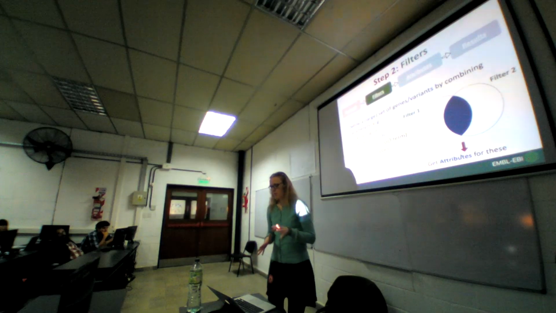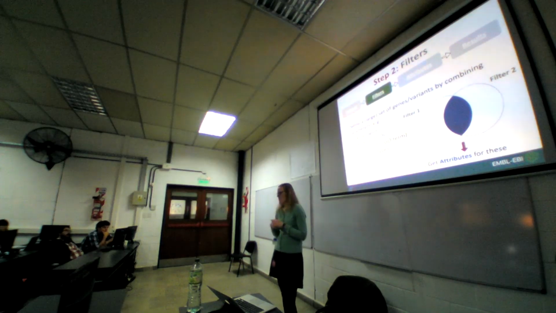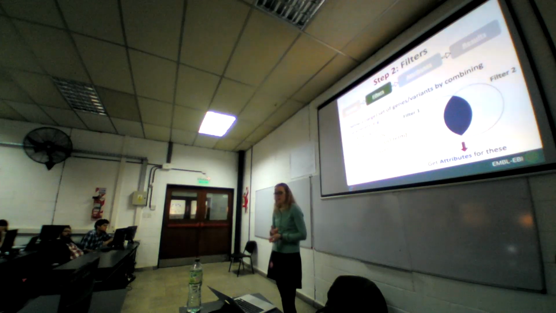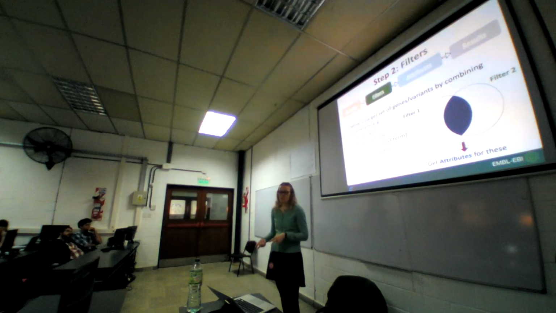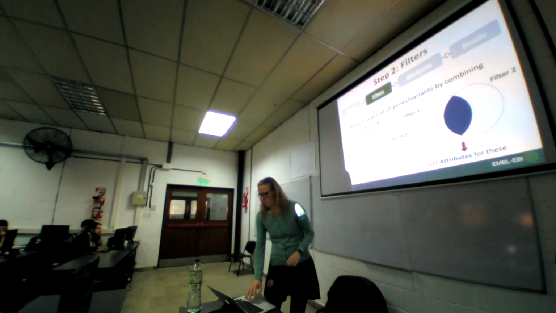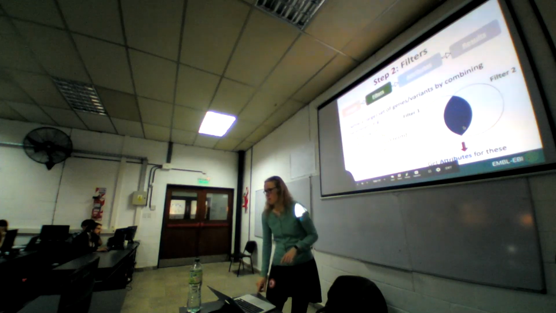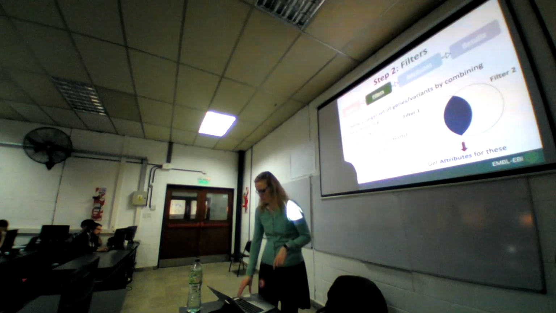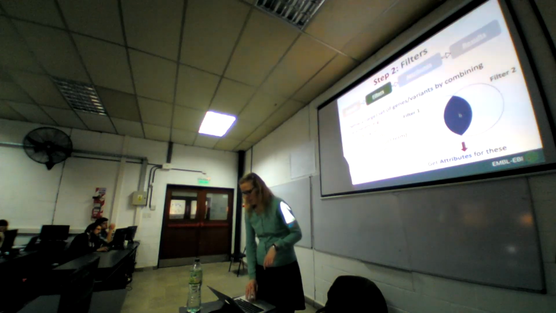As an example, you could say you apply two filters. You would go for filter 1, which are genes on chromosome 2, and filter 2, genes which are associated with heart failure. As your attributes, you would get all genes that are on chromosome 2 and at the same time associated with heart failure. So this intersection here.